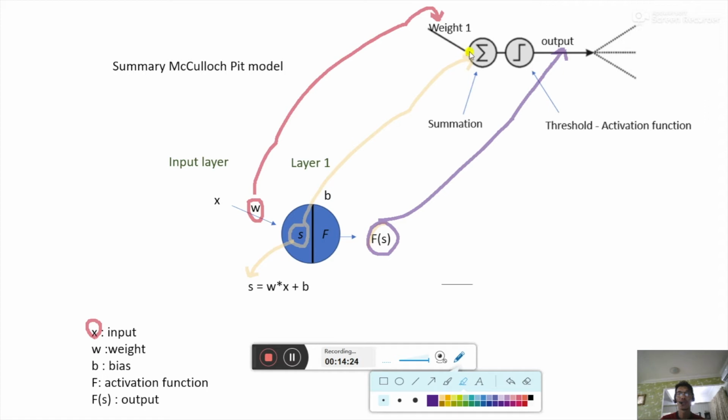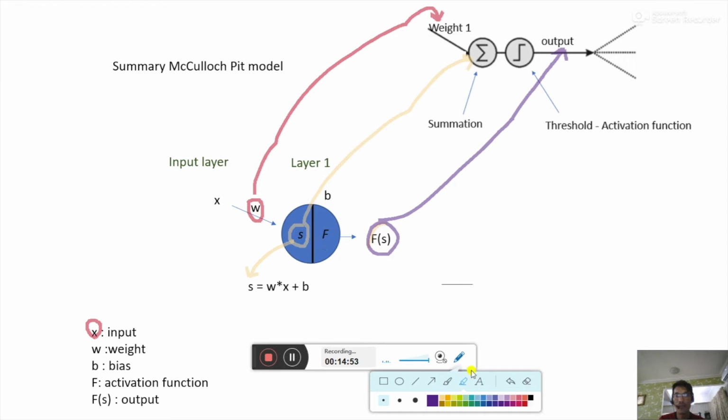The axon will be summed over all inputs and has a weight and an activation function, with the weight as a synapse. We have an input, a dendrite, an axon, and weights, and S is the summation and F is the activation function.